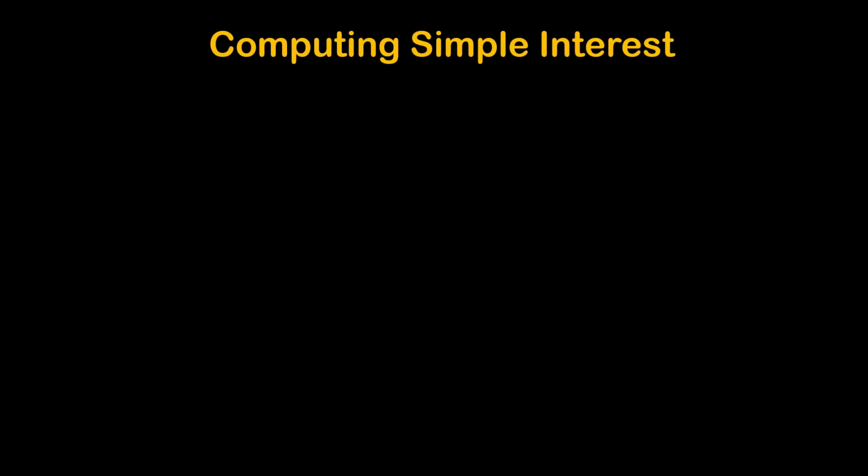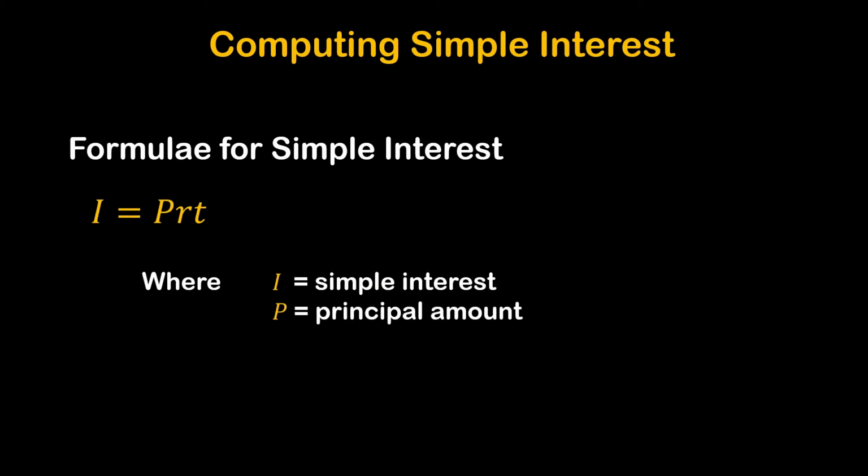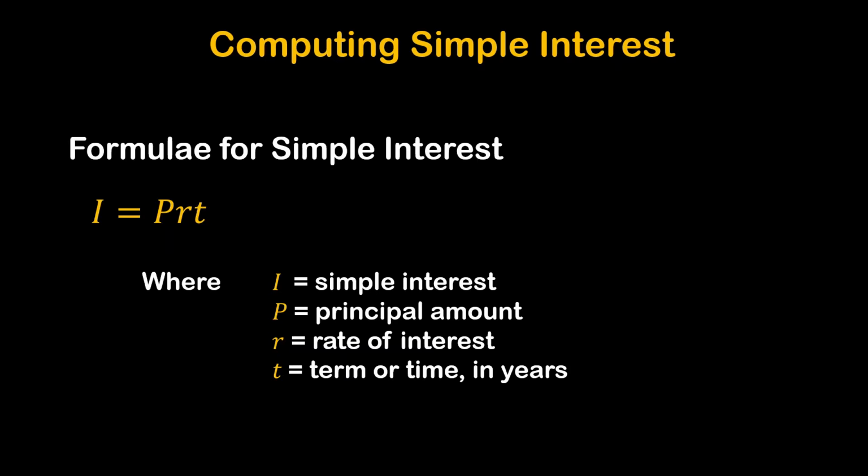To compute simple interest problems, we need to be familiar with the formulae for simple interest. The first formula is the formula for simple interest, and that is I = PRT. I here stands for the simple interest, P is the principal amount, R is the rate of interest, then T is term or time in years.